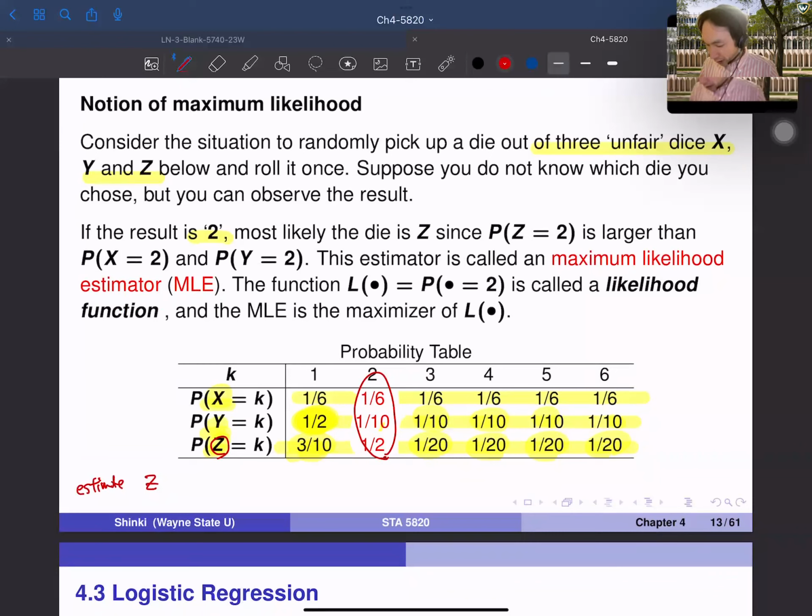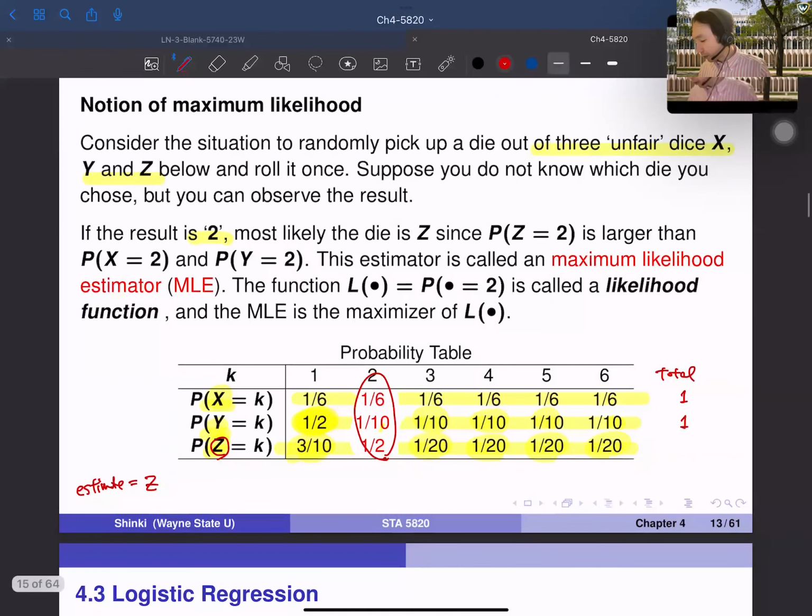And this is actually a new idea if you only studied probability theory. In probability theory, basically we have a probability space. So die X has its own world, and the total probability is 1. And die Y also has a probability space, and the total probability is 1. But we look at this table vertically, not horizontally.